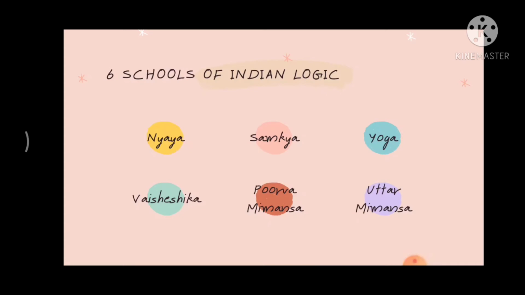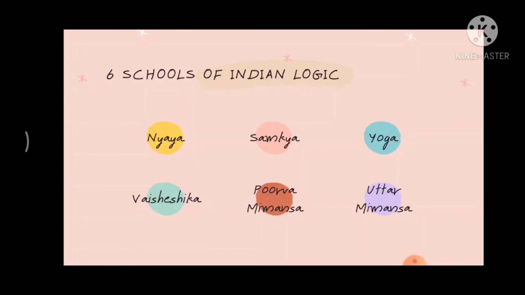Then comes Vaisheshika, whose proponent was Kanada, and here it was the science of logic or the futility of Maya. Here the atom is the building block of all items. They believed that all objects were made up of atoms.